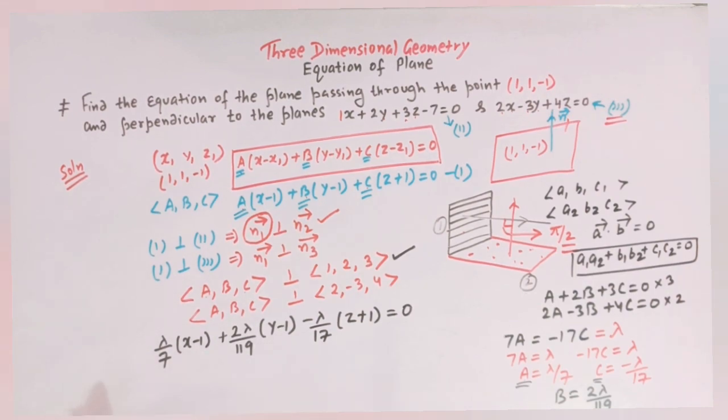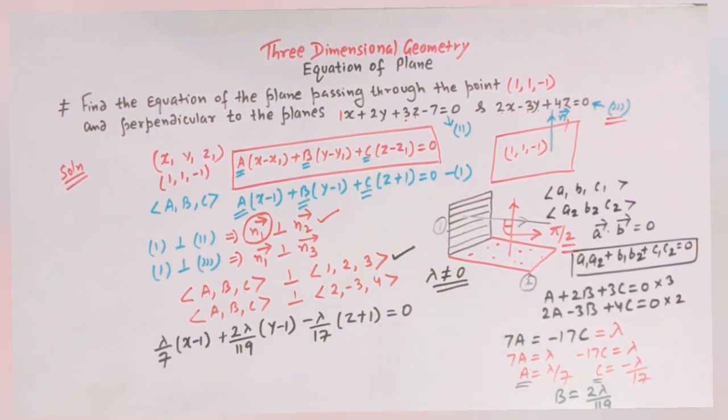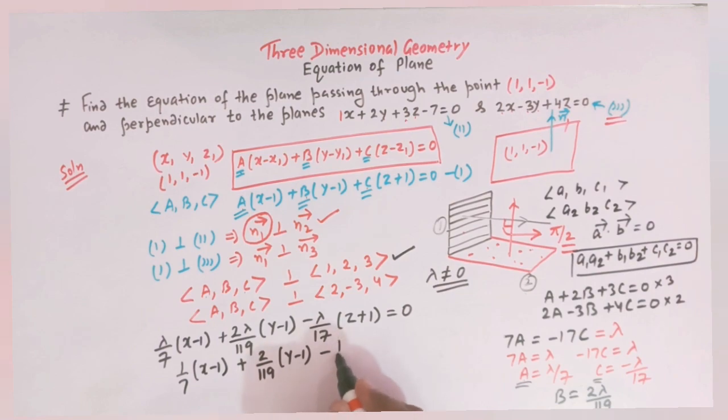Okay. So now what we will do here, see this parameter lambda occurs in all the three terms, right? So if we divide both sides by this lambda, because lambda is a non-zero real number, we can easily get rid of lambda here. So we'll get 1 over 7 times x minus 1, then we have 2 over 119 times y minus 1, then we have minus 1 over 17 times z plus 1 is equal to 0, right?